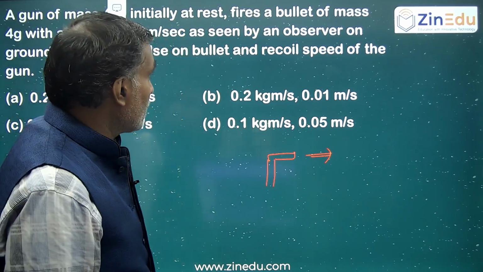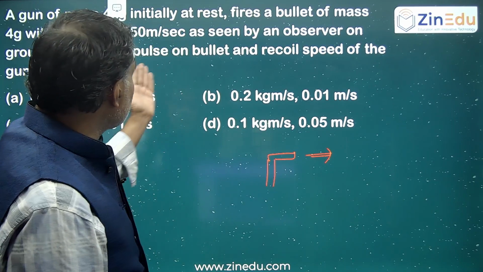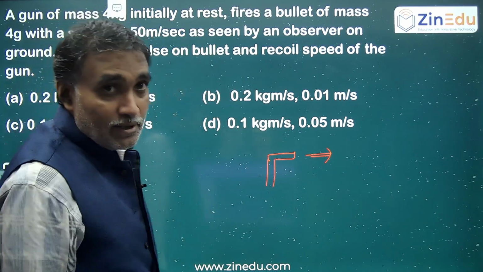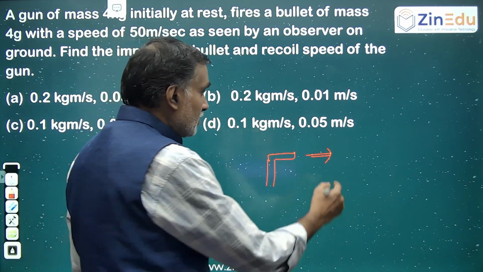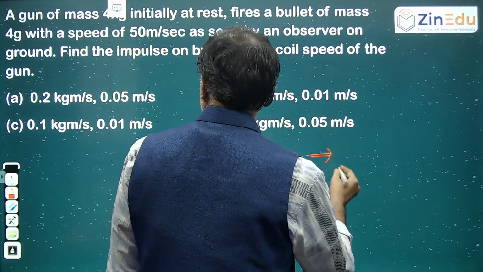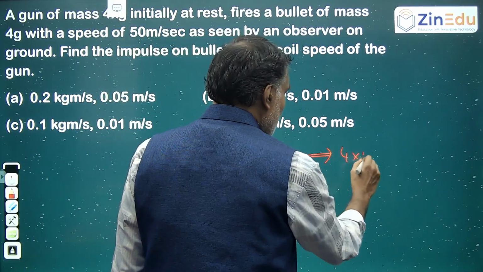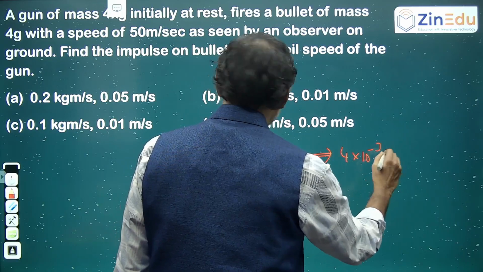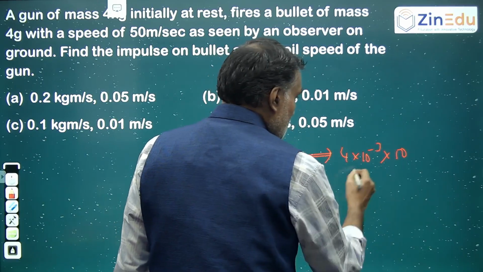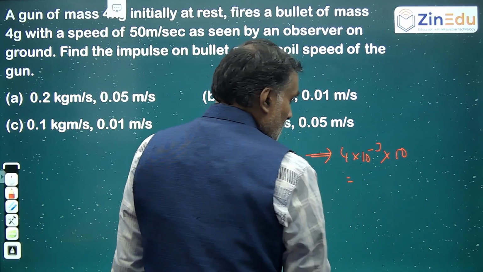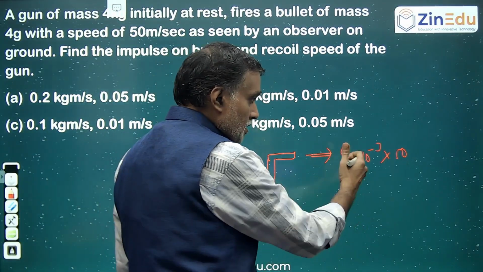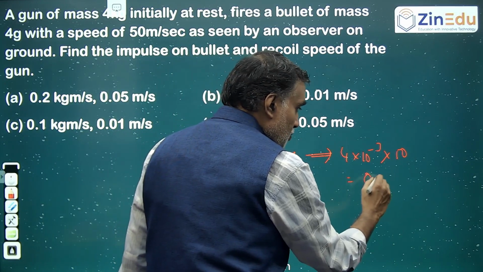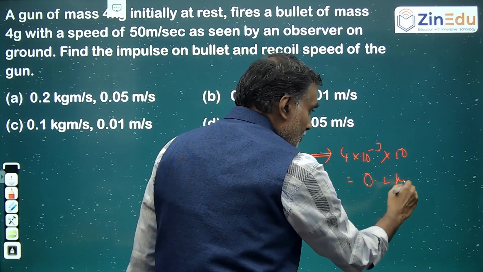So, what is impulse of the bullet? Impulse means change in momentum. So, what is momentum of the bullet? It is m into v, that is mass 4 into 10 to the power of minus 3 kg into velocity 50 meters per second. So, that is 200 into 10 to the power of minus 3, that is 0.2 kg meters per second.